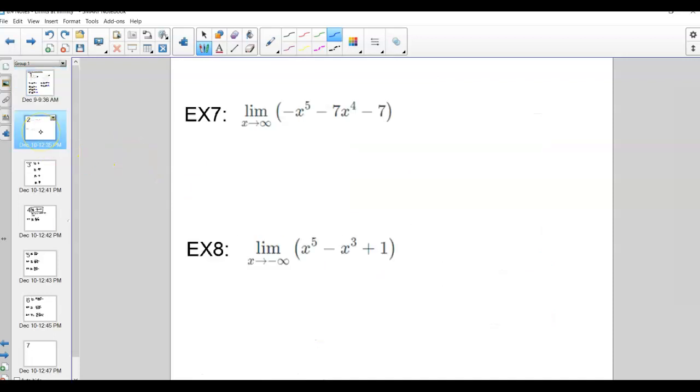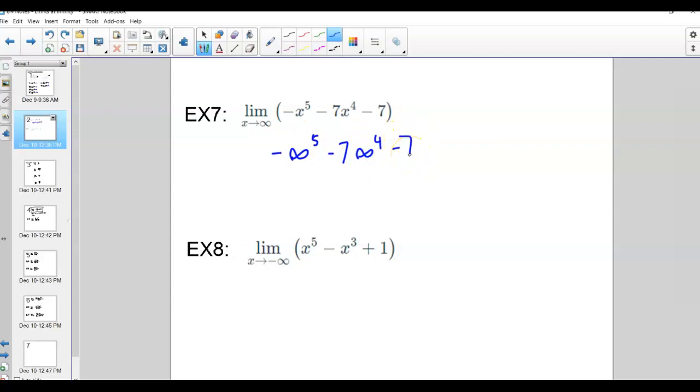Next, let's look at a couple problems here. These problems are more or less going to be direct substitution, but there'll be a little bit of a catch to it. So if I think of plugging in infinity here, I would have negative infinity to the 5th minus 7 infinity to the 4th minus 7.